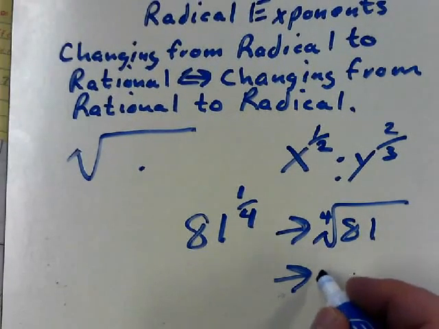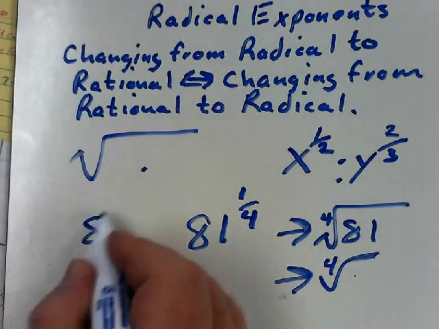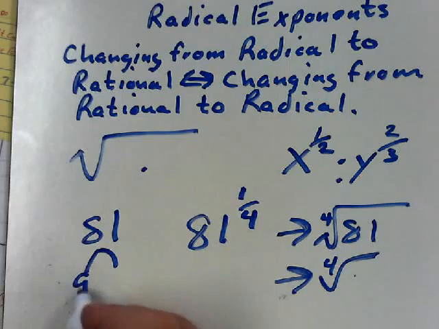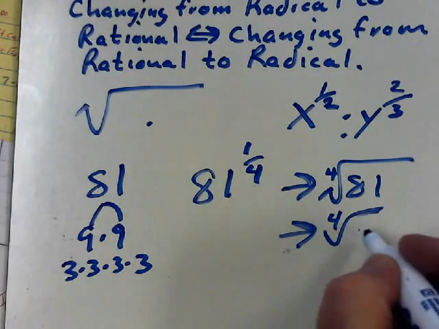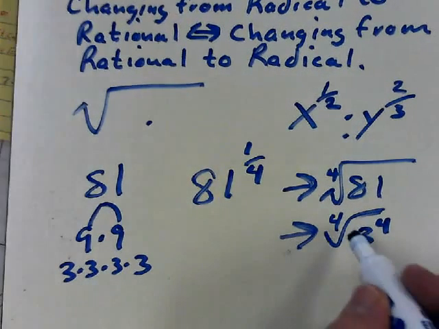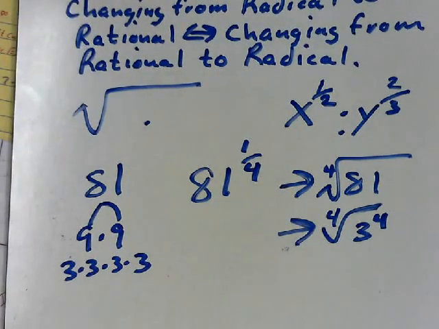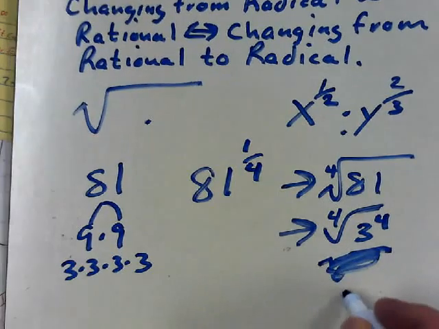Because then you could do the 4th root, and if I prime factored 81, which is 9 times 9, which is 3 times 3 times 3 times 3. If I put a 3 to the 4th in there, isn't this easy to simplify? Should be by now, which gives you then a 3.